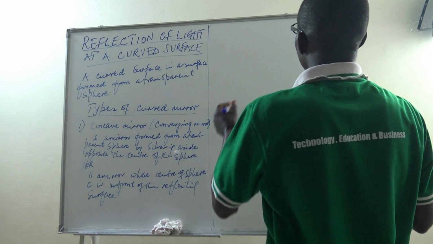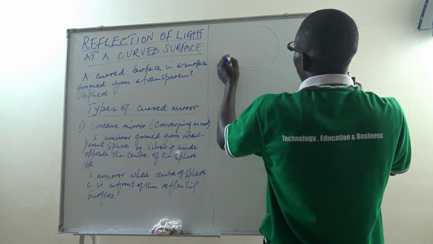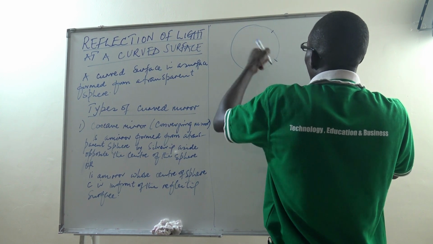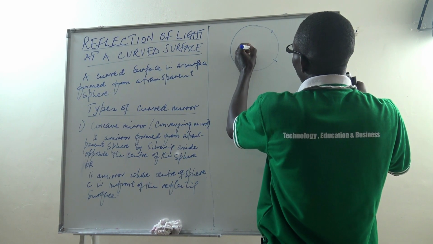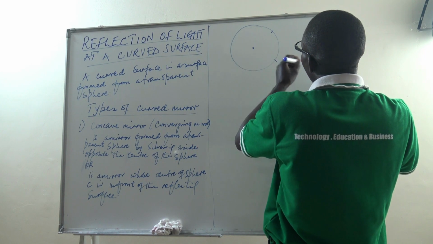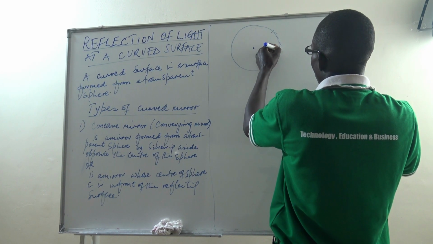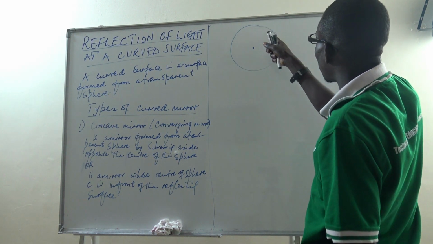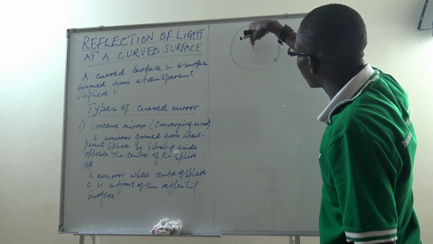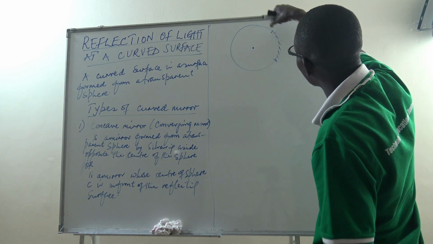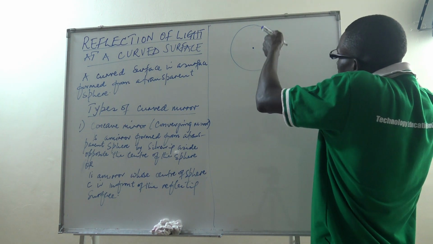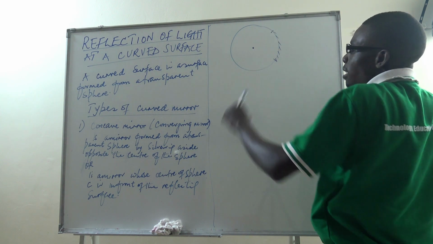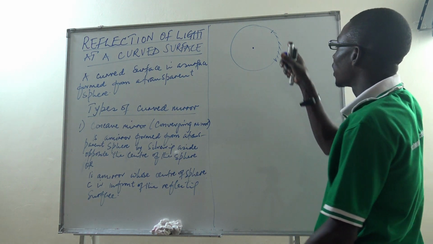So what do we mean? That if I have a sphere like this, spherical, and then I happen to cut this out circularly, this sphere initially had a center. So if I shade the outside, the inside is left, so that the center of the sphere remains in front of the reflecting surface, because if I silver this outside part, I'm leaving the inside, and now the inside acts as the reflecting surface.